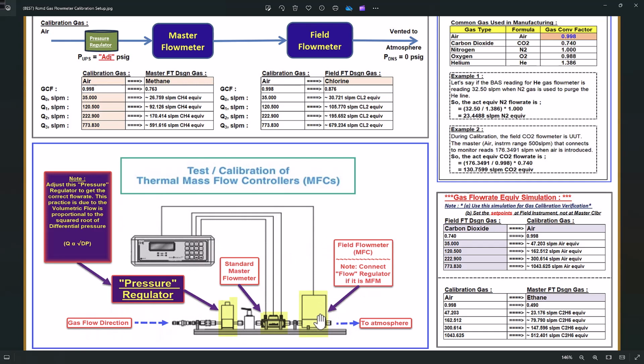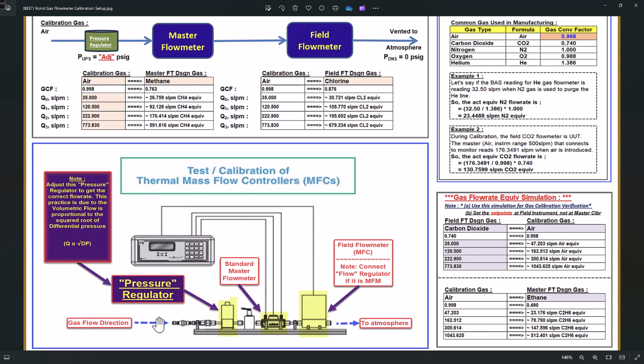Then I will connect another pressure regulator here. Then I will introduce a calibration gas through this inlet port, and this calibration gas will exit from this outlet port.